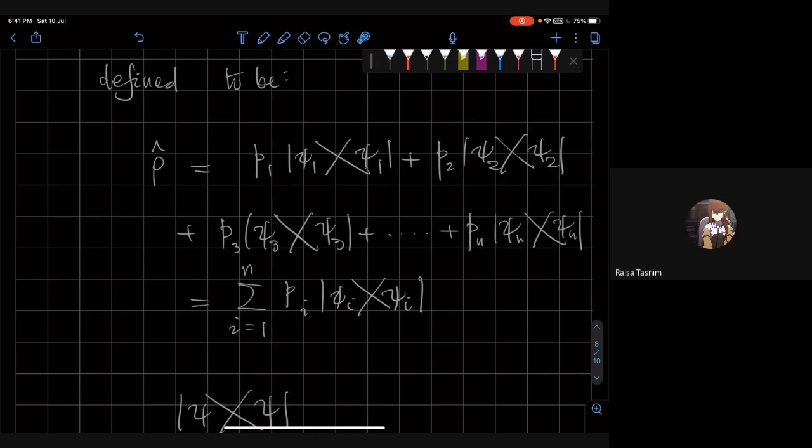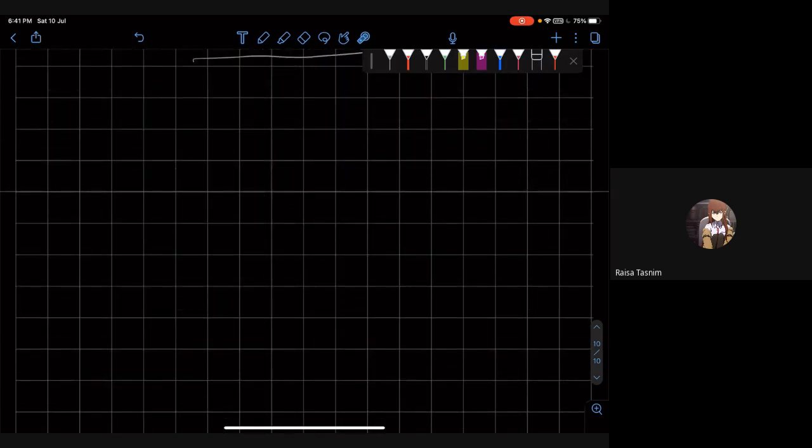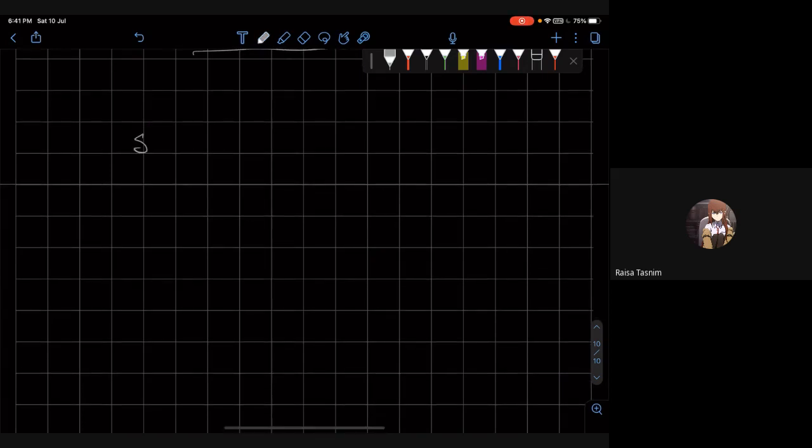Okay, so let's look at the simplest case of a density matrix. Let's look at the case where our S, our collection of states, has only one state, psi, and the probability distribution has only one entry, which is 1.